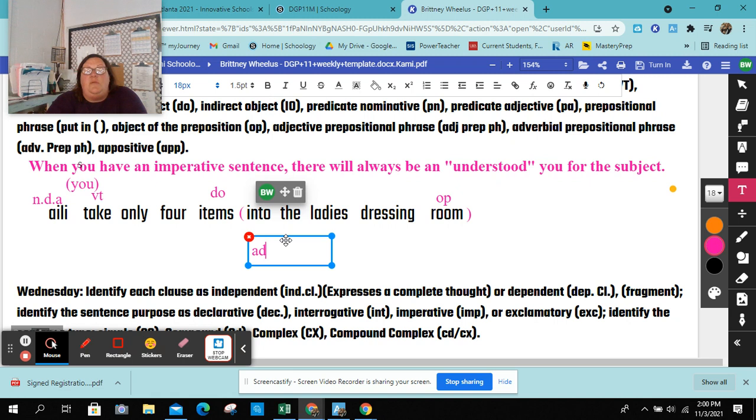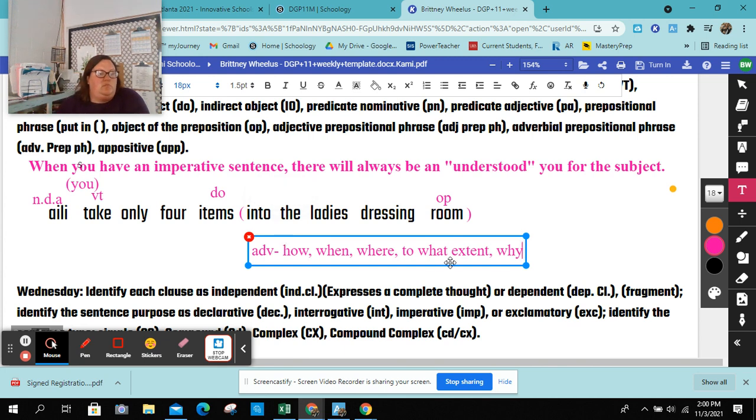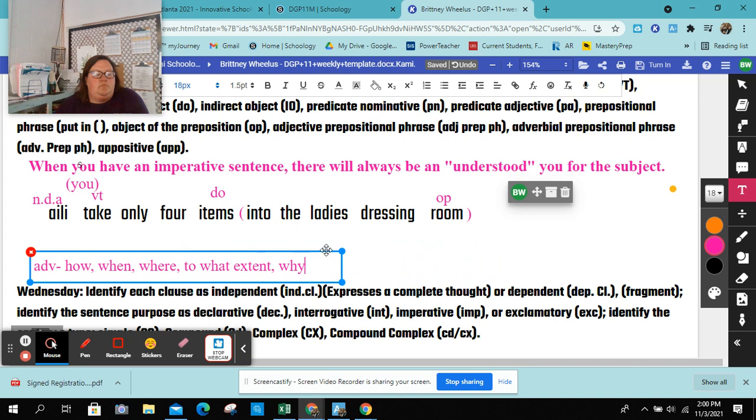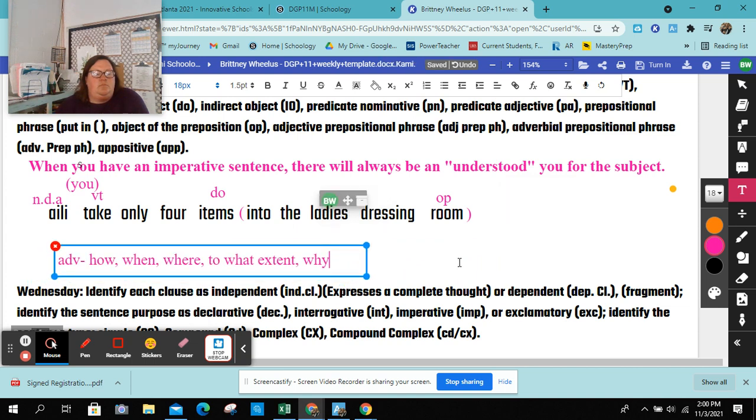All right. So adverbs answer who, how, when, where, to what extent, and sometimes why. There are not many times, but it's almost like it answers the question why.